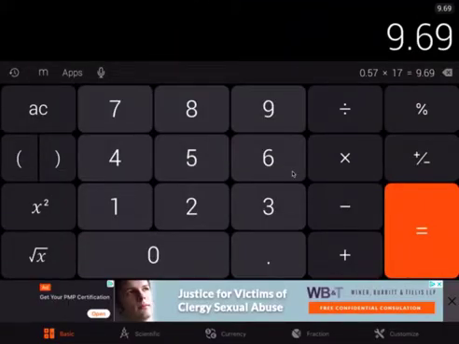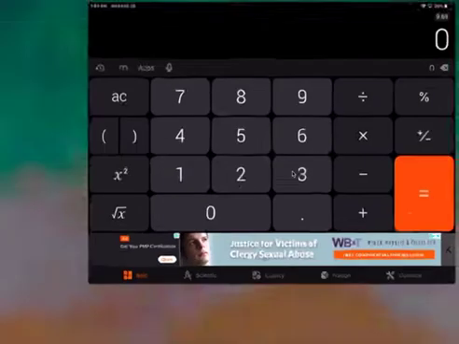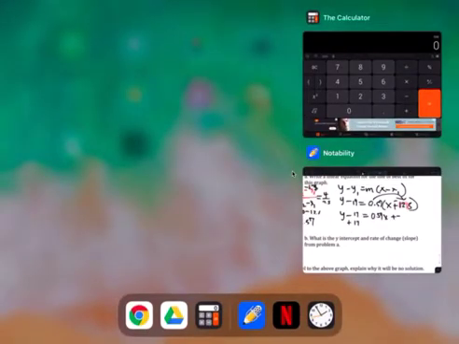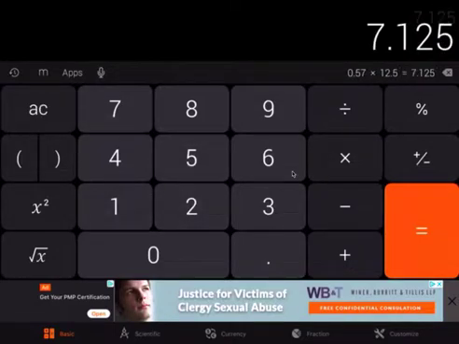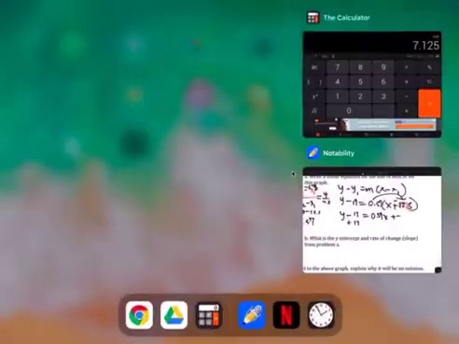Okay, I'm multiplying 0.57 times 12.5. I get 7.125.